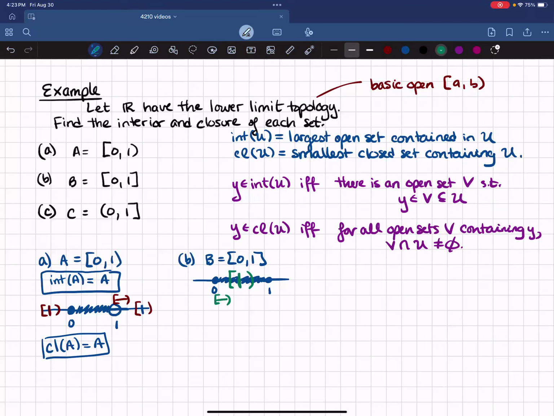If I take an open set that contains the number 1, I claim that as soon as it contains the number 1, it also has to contain a little bit above 1. Any open set that I try to put containing the point 1 is going to have some points above 1. So I can't squeeze an open set there inside of B and still have it have 1 in it. So 1 is not in the interior. So the interior of B includes 0 and all the points between 0 and 1, but not 1.